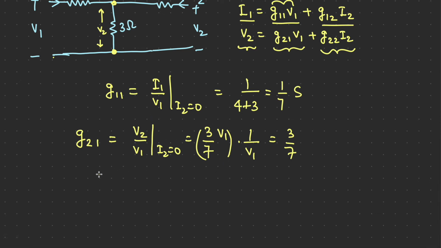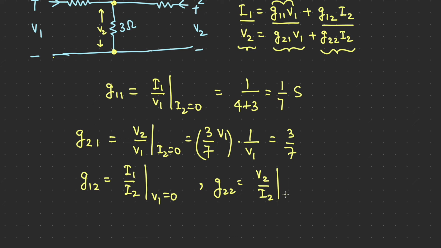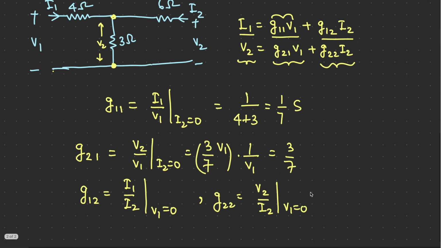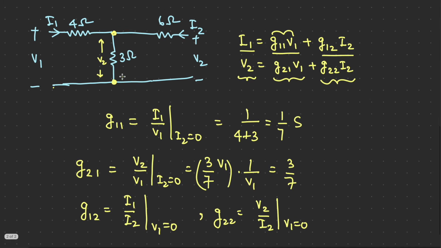Now next is to calculate G12, which is I1 upon I2 when V1 equal to 0, and G22, which is V2 upon I2 when V1 equal to 0. That means port 1 will be short circuited.